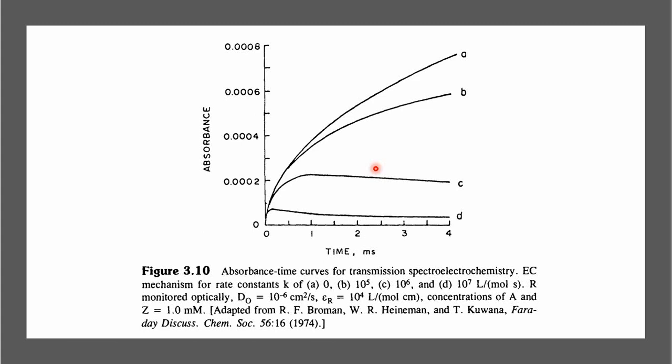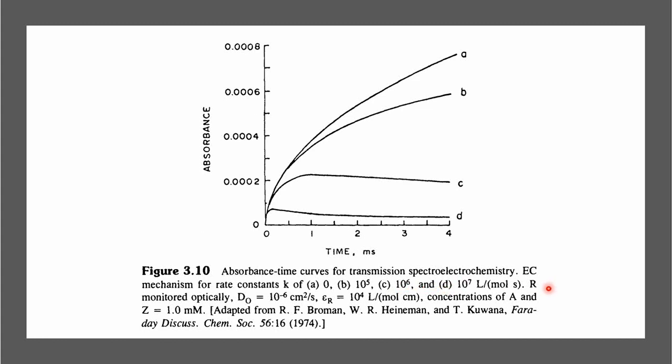So here is another important result, explaining a similar kind of situation. If we look at this figure, it shows the absorbance time curve for transmission spectroelectrochemistry, EC mechanism, for rate constant k of 0, 10 raised to the power 5, 10 raised to the power 6 and 10 raised to the power 7 liter per mole per second.